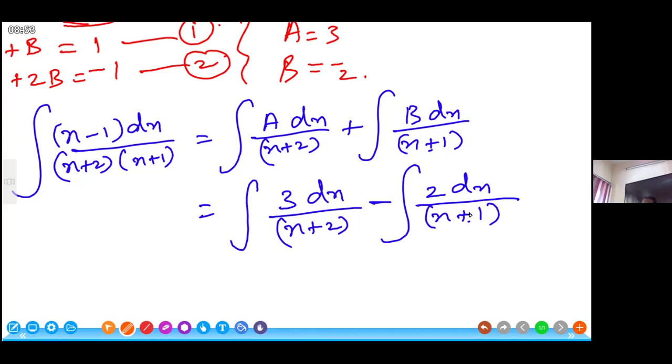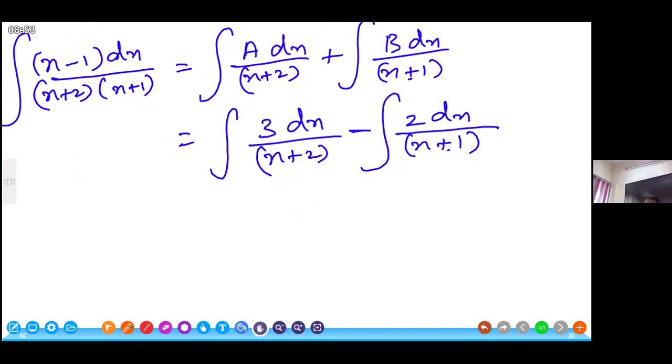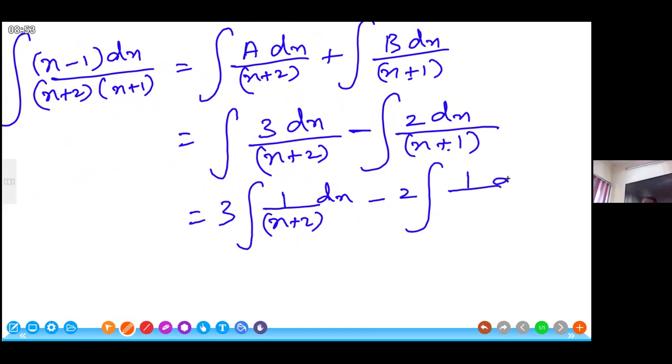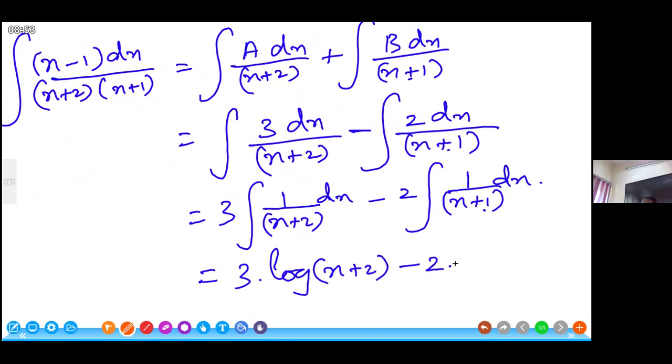Now we can solve it. We take the 3 out of the integral sign: 3 integral of 1 over x plus 2 dx, minus 2 integral of 1 over x plus 1 dx. So the answer would be 3 into log x plus 2 minus 2 into log x plus 1 plus c.